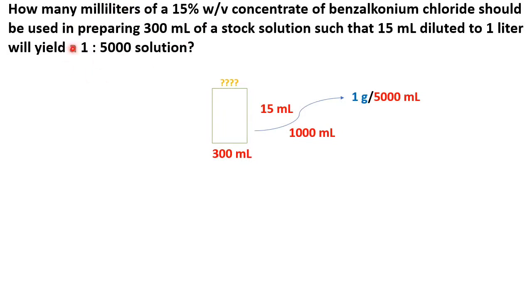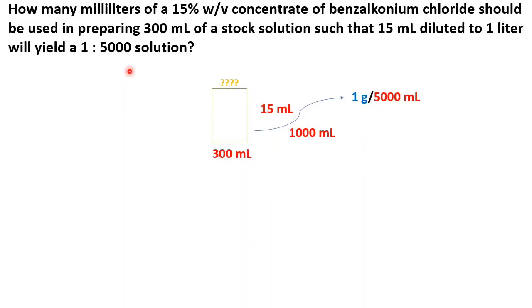What does 1 to 5000 solution mean? It means that we have one part in 5000 parts, or 1 gram in 5000 grams of solution. Since it's not mentioned what the solvent is, the solvent is water.